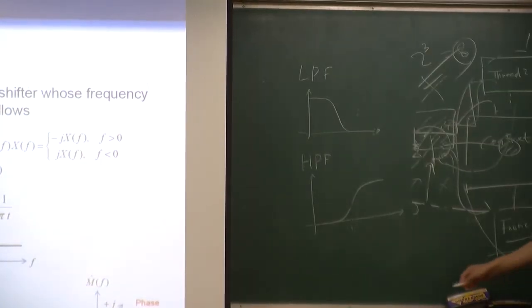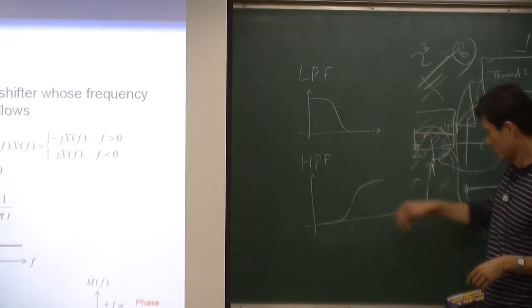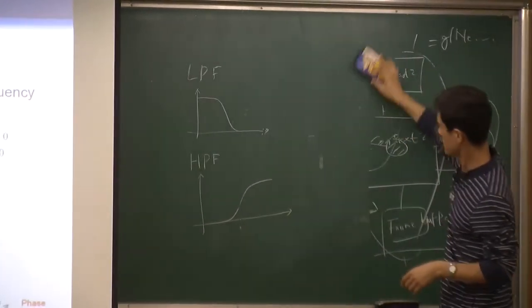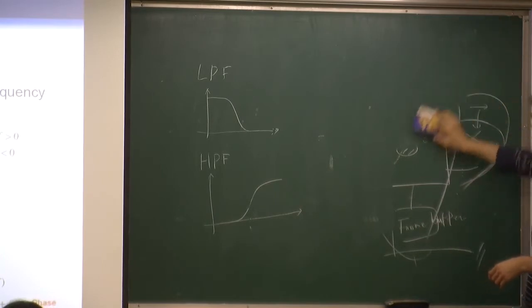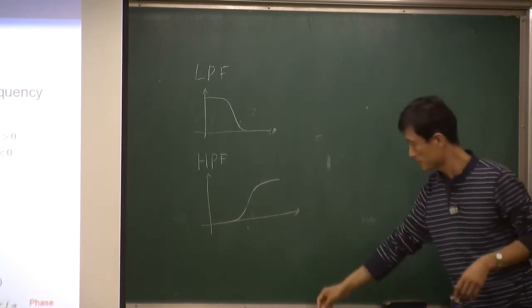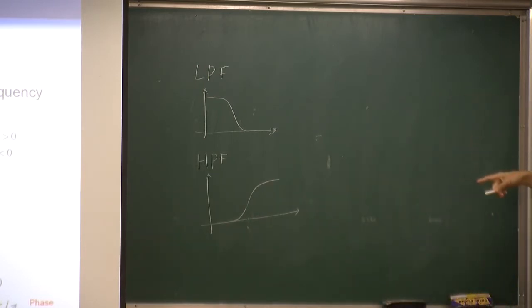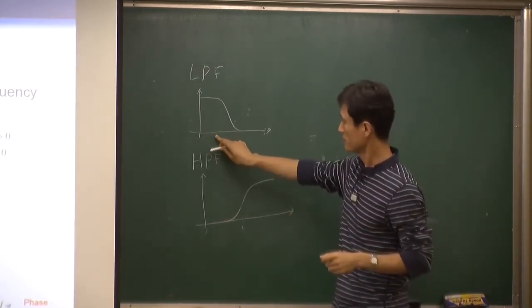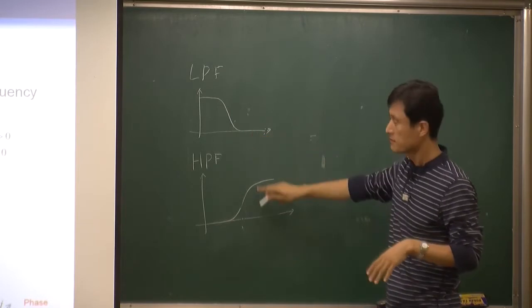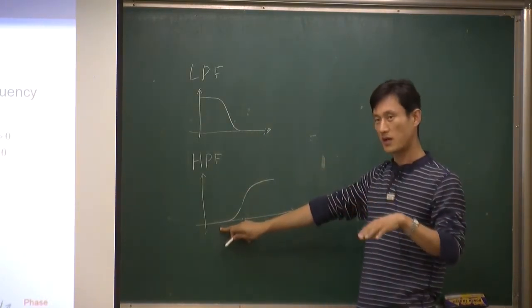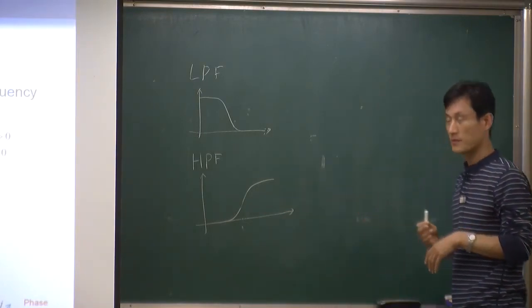Here's a low pass filter, and down here we have a high pass filter. So that's the filter that we know. A low pass filter, you pass only the low frequency, and you block the high frequency. For a high pass filter, it's the opposite: block low frequency, and pass high frequency.